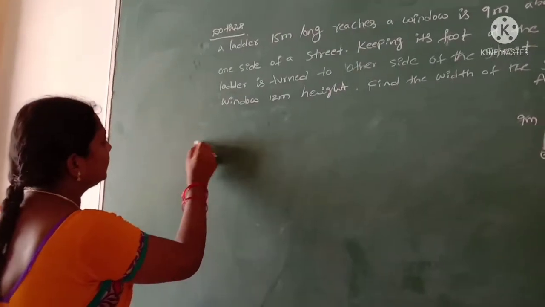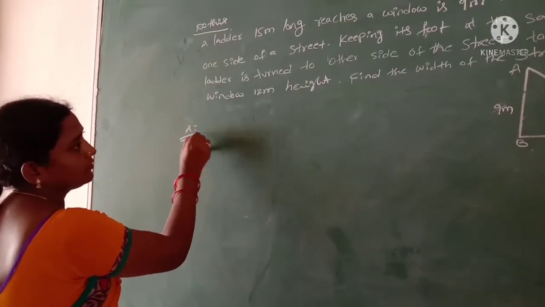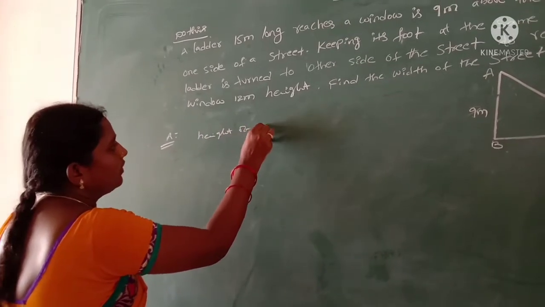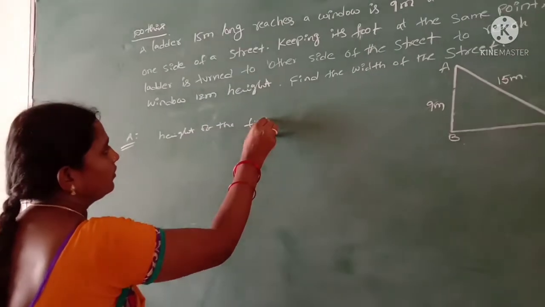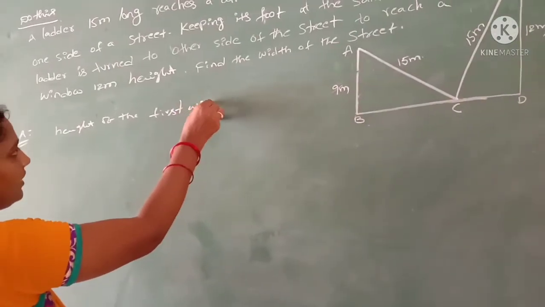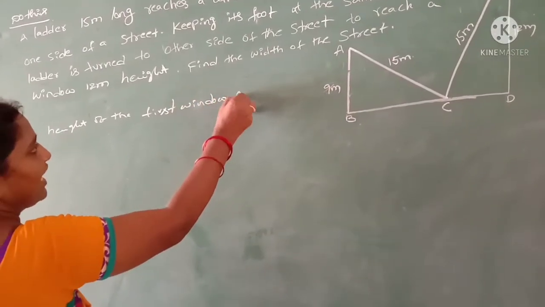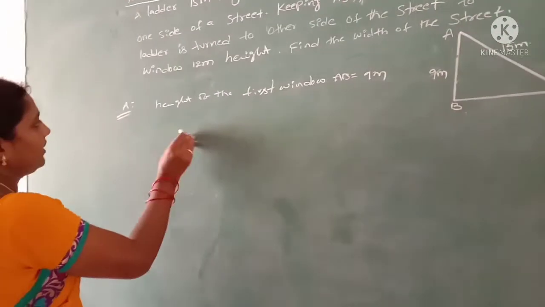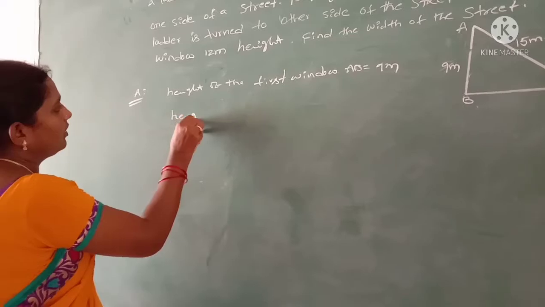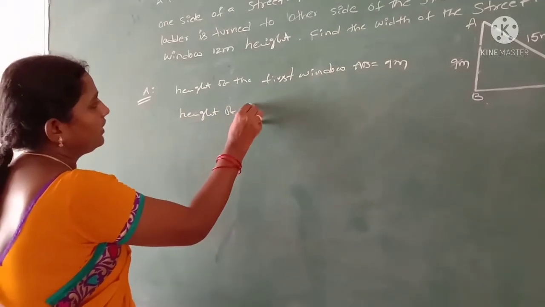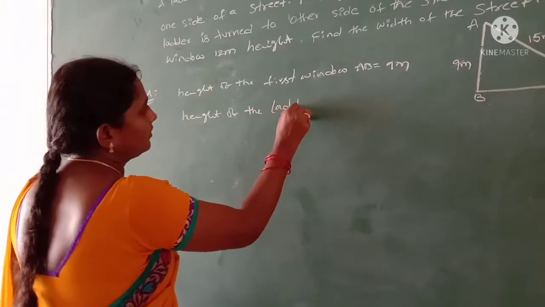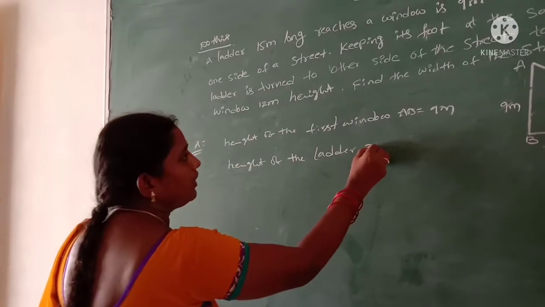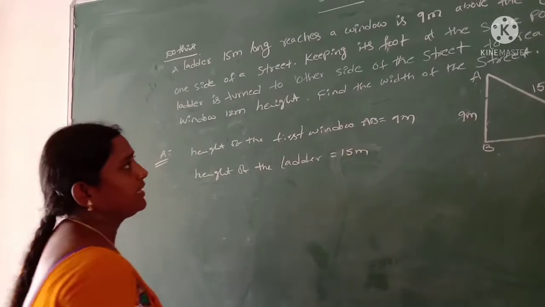What is given? Height of the first window AB equals 9 meters and length of the ladder AC equals 15 meters.